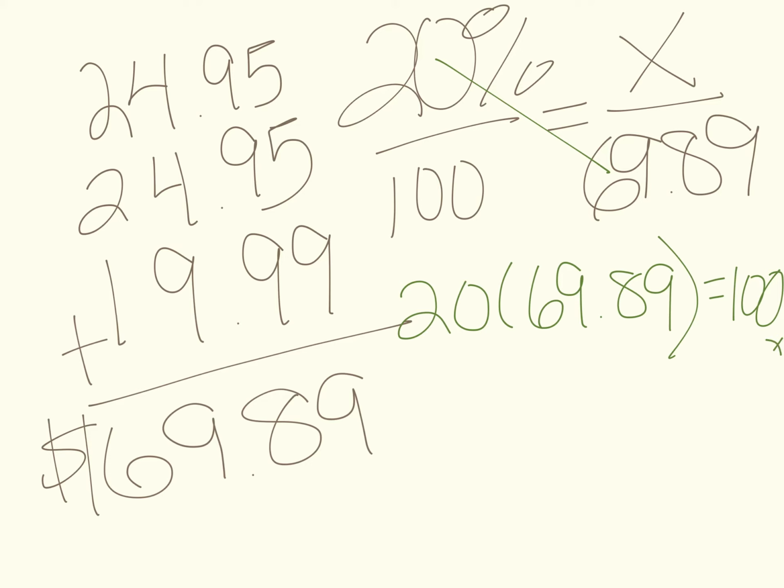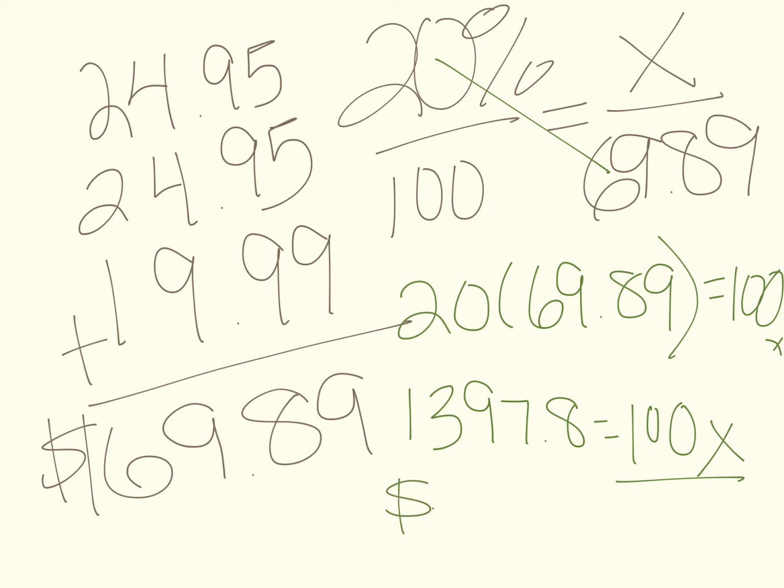I ran out of room. So let's see what we get. 20 times $69.89 gives me 1397.8. That equals 100 times X. And then we know to solve for X, because that's multiplication, we're going to divide. $1,397.80 divided by 100 is going to give me a savings of $13, and on the calculator it comes out as .978.